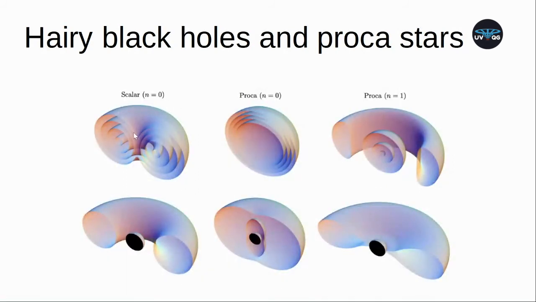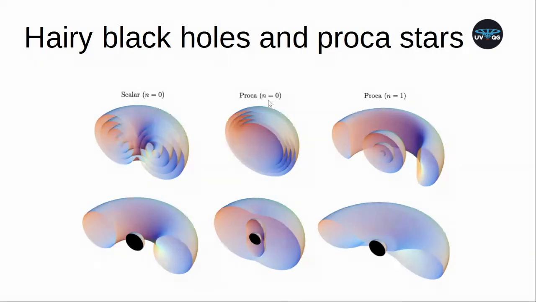Okay, so here we plot the constant energy density surface. In this first line we plot the solitonic solutions, and in the second line we plot the same thing for the corresponding hairy black holes. For the scalar case, we see that we have this toroidal shape for the solitonic solution.